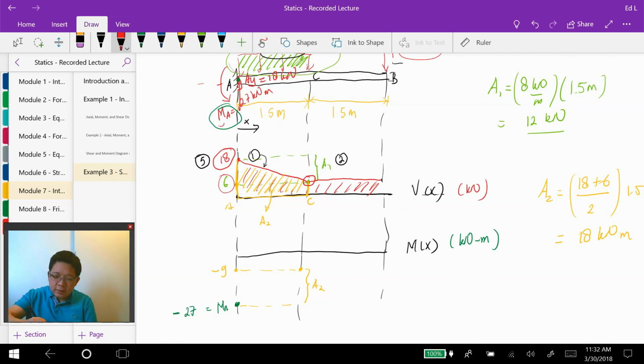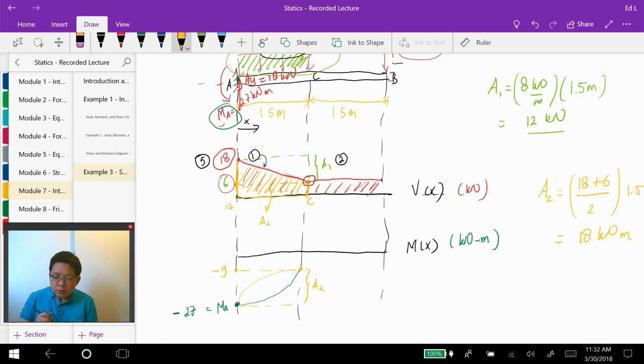Here it is a first order line, a first order polynomial, so we are pretty sure that the moment diagram is a second order polynomial. However, we are not sure whether the shape looks like this or looks like the yellow line in here. With the help of the third rule, we are going to be able to solve this.